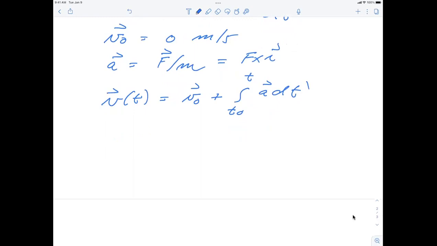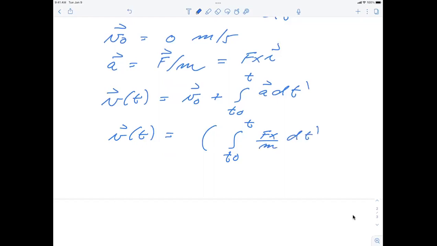So then when I integrate up here, what I would get is that v of t is now equal, since v0 was put to 0, we can just take that plus away. And we simply put an integral from t0 up to t. And then we have this F of x divided by m, and then we have a dt.